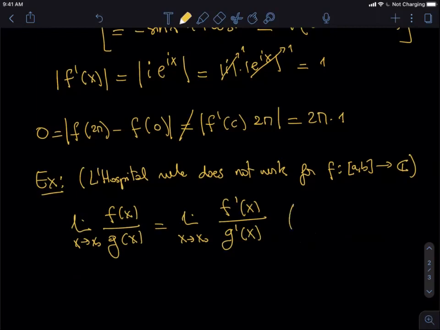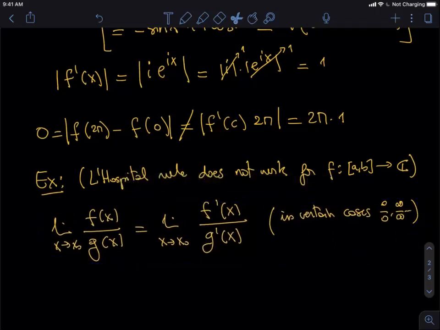And this was in certain cases, right? So 0 over 0, infinity over infinity, and so on. The way it's written in the book is a little more general than what we usually see in a calculus course.